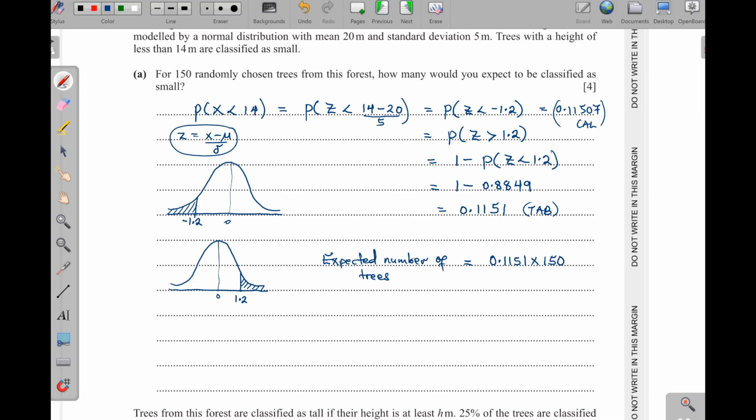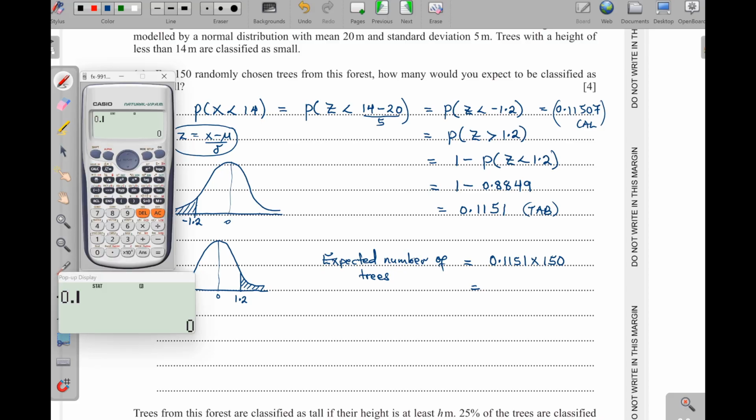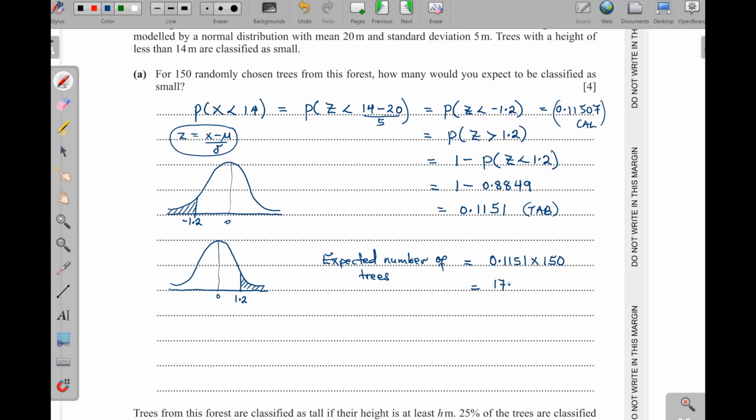So what do we get when we multiply everything here? 0.1151, then times 150, we get 17.265. That means we can write our answer as 17 or 18, okay? So you can have 17 full trees, you get it?